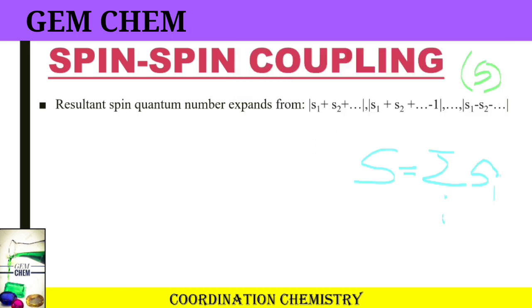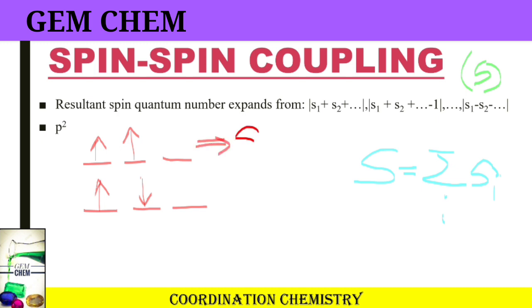Let us see. We will deal with p2. So first write down the configuration of p2. Here we have p orbitals. One electron can be up spin, and one electron can again be up spin. Similarly, we can have another configuration where we have one up spin and one down spin. This is also possible. So from here, if we try to find out the total spin S, for this electron we have plus half, and for this electron we have plus half.